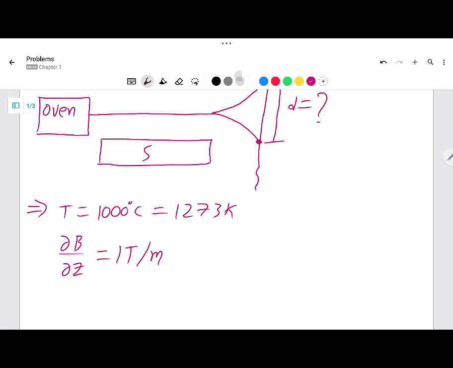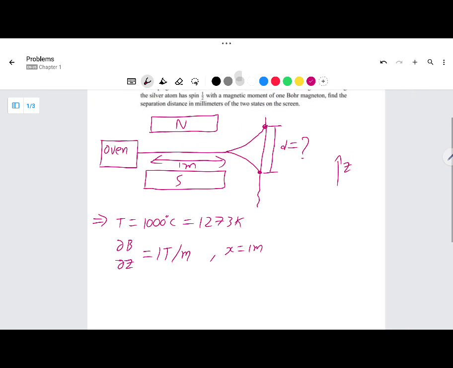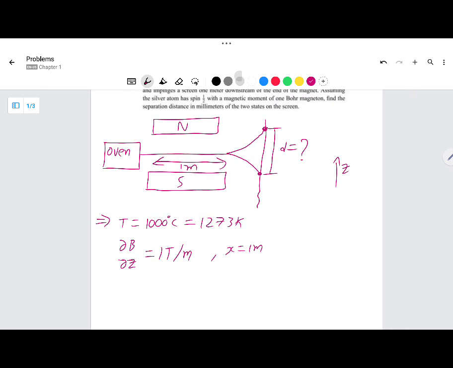And then there is, okay, so this is the direction z. Then this distance, this is 1 meter. So the distance, let's say x, is equal to 1 meter.